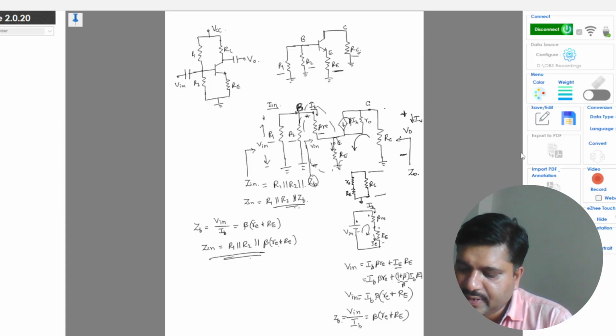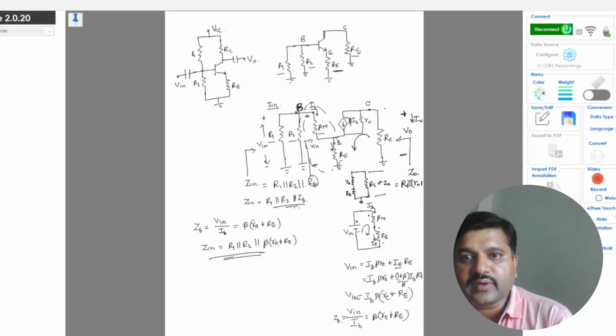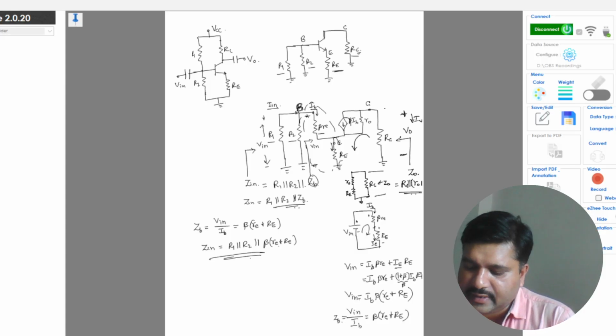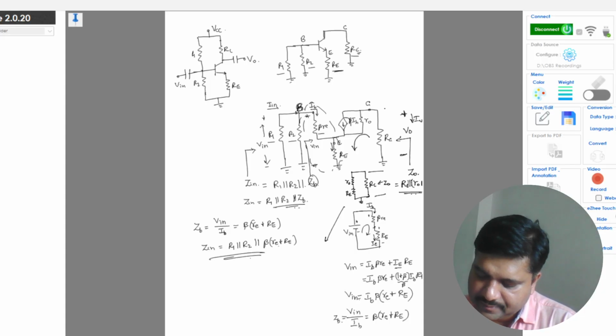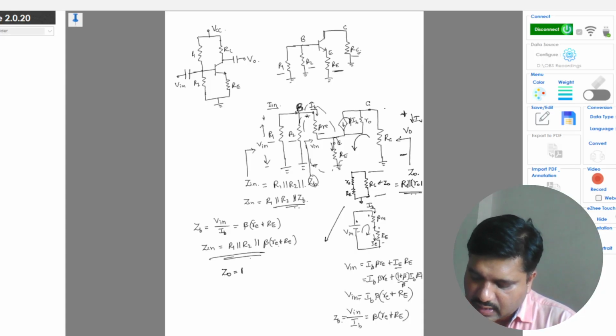So this is the impedance you see from the output terminal, which is equal to RC parallel with R0 plus RE. So this is your output impedance. Effectively, Z0 is equal to RC parallel with R0 plus RE.